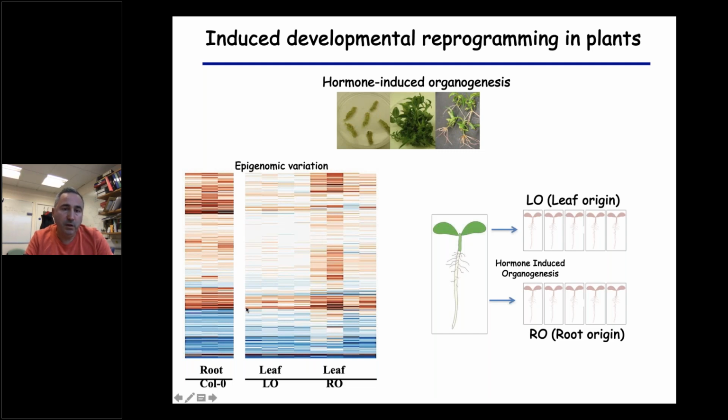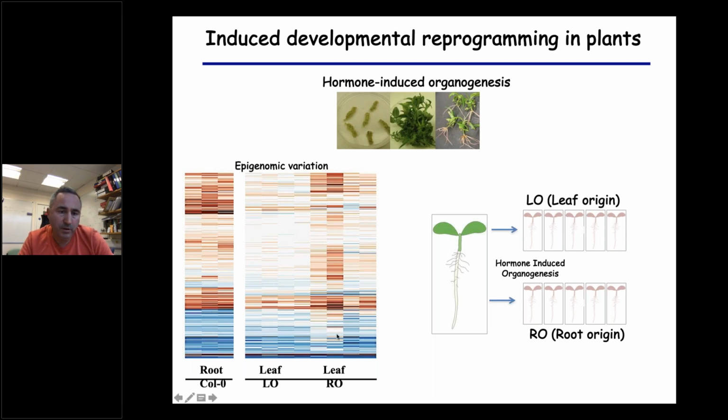What we found is that if we clone plants either from leaves, which we call leaf origin, or root origin, and we take the leaves from these plants that we clone and allow them to reproduce through seeds over at least 2 generations, then there were stochastic changes in DNA methylation, which is what is highlighted here. Red is high, blue is low methylation, and this is comparing to a standard leaf, right?